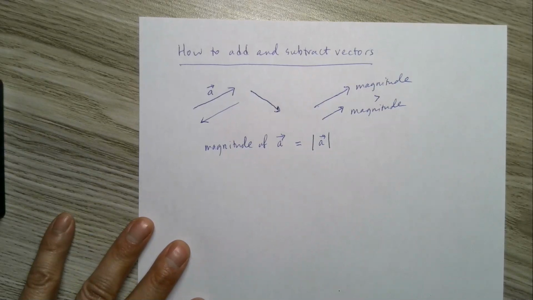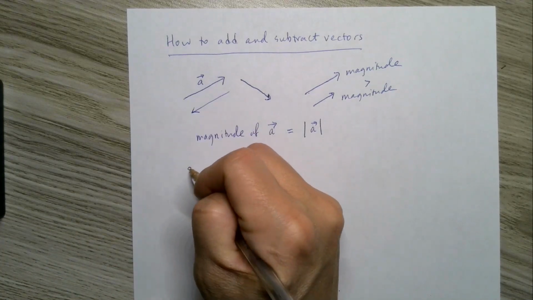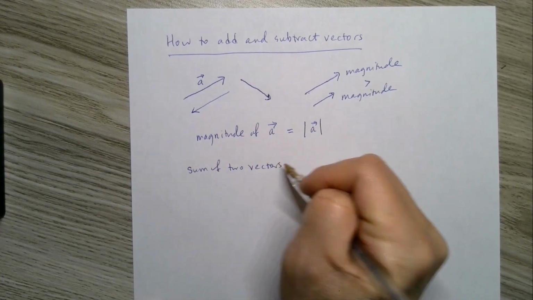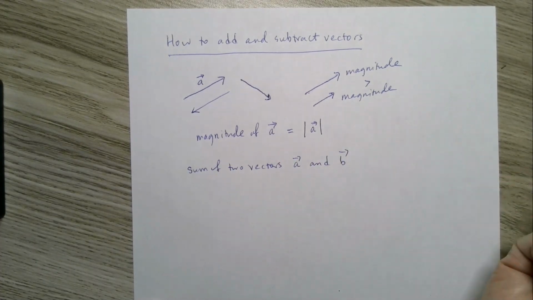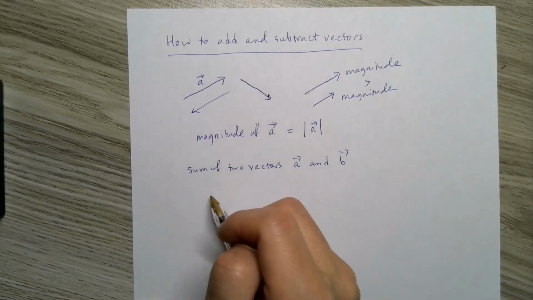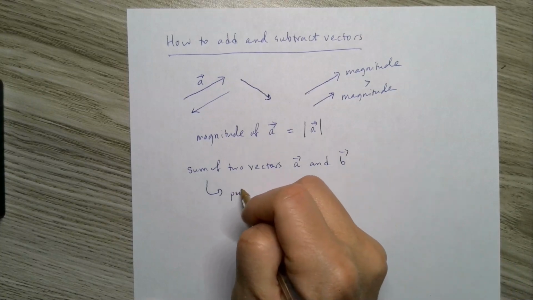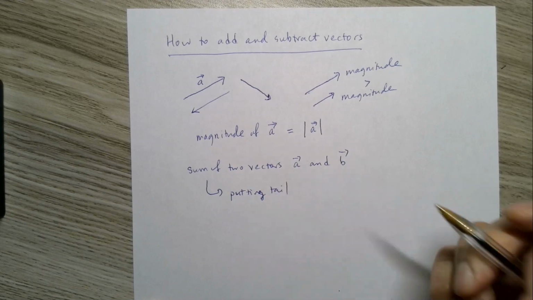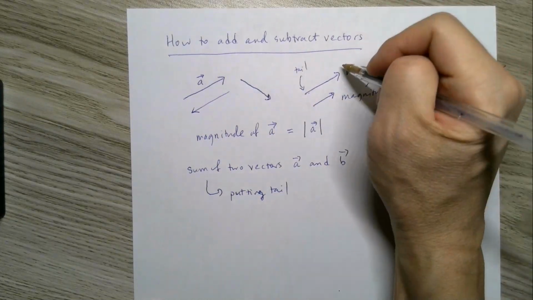Okay, so now we can move on to the concept of adding vectors. The sum of two vectors A and B is found by putting the tail, this is the tail, sorry, of a vector, and this is called the head.